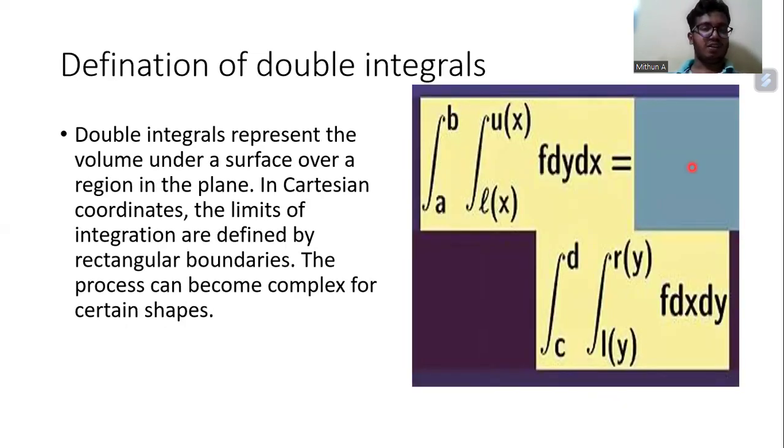Definition of a double integral. Double integrals represent the volume under a surface over a region in the plane. In Cartesian coordinates, the limits of integration are defined by rectangular boundaries. The process can become complex for certain shapes.